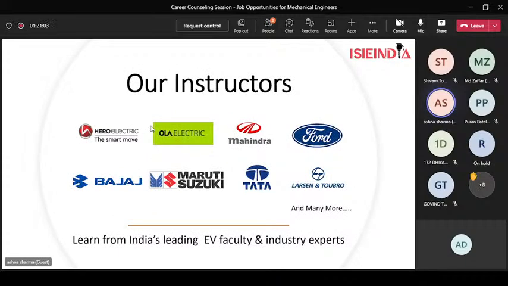Our instructors: learn from India's leading EV faculty and industry experts from Hero Electric, The Smart Move, Ola Electric, Mahindra, Maruti Suzuki, and many more.